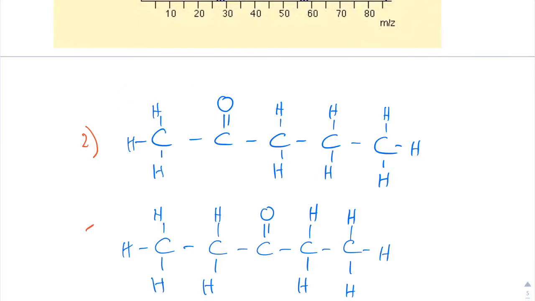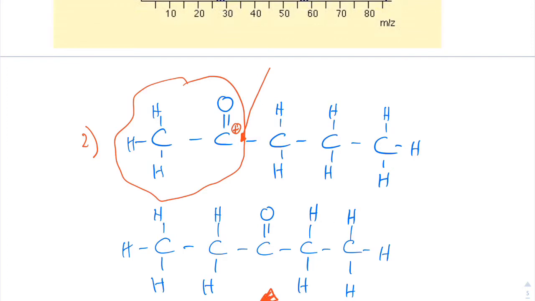I want to try and say, okay, if I broke this, where would it be kind of unique, right? So if I was to break it right here, let's say, maybe the electron came in and it smashed it off, and this got the positive charge right there. What would this weigh when it moved through and it hit the detector plate? And could this molecule down here give me that same mass?